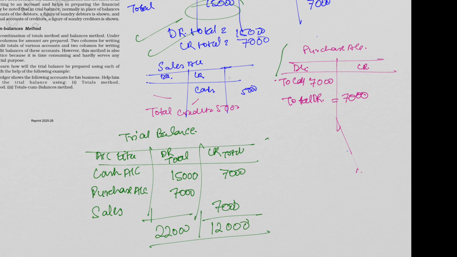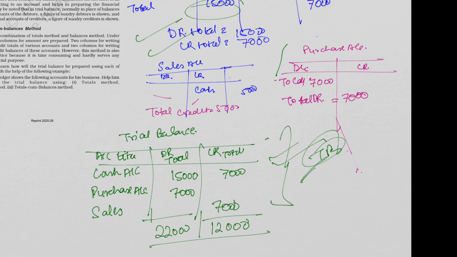One important note is that here the totals do not match because this example only shows one account fully, the cash account, and partial information about the other accounts. So in a real accounting situation, all the ledger accounts must be included to make the trial balance equal.